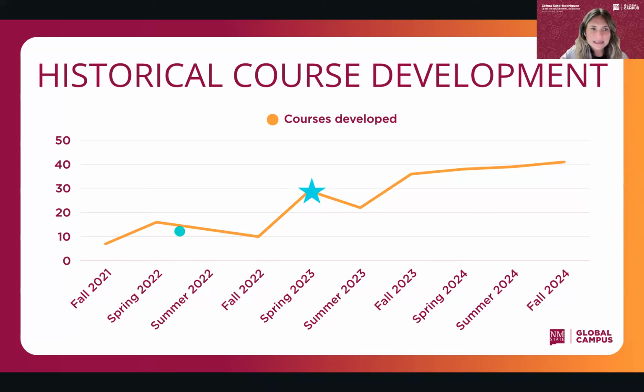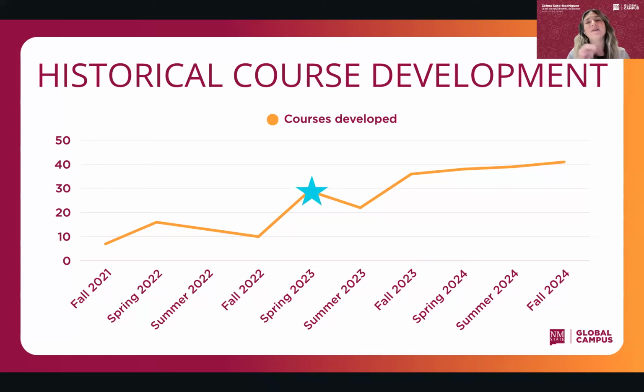In fall 2021, we completed 7 courses, and now in 2024-5, we completed an average of 40 courses each semester since 24. So that's a huge improvement.